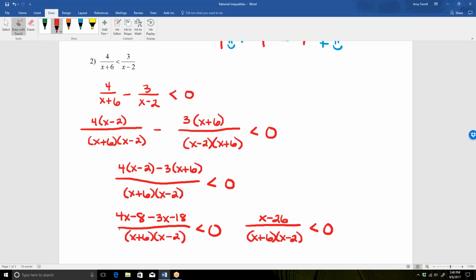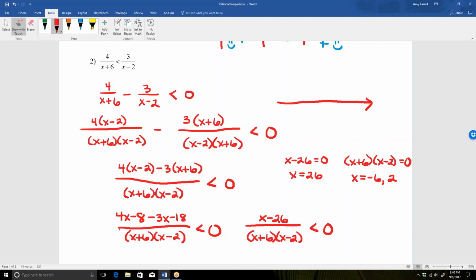Now the numbers that go on the number line are what we get from setting the numerator and the denominator equal to 0. These are the numbers at which our inequality could possibly change sign. So I have x equals 26, x equals negative 6, or 2. So here are my 3 numbers that I'm going to put on my number line.